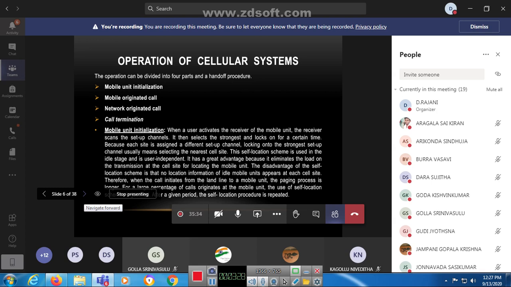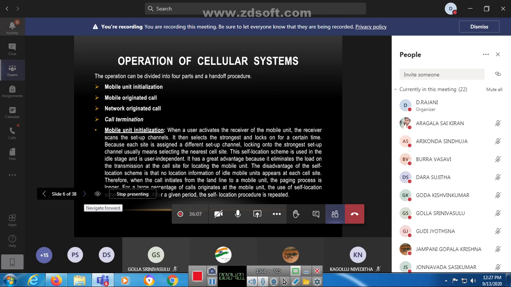Then it gives the receiving signals, and only then will the call be easy to make. With this setup it is easy to select the nearest cell site, so that we can make the call without any complications or disturbances.